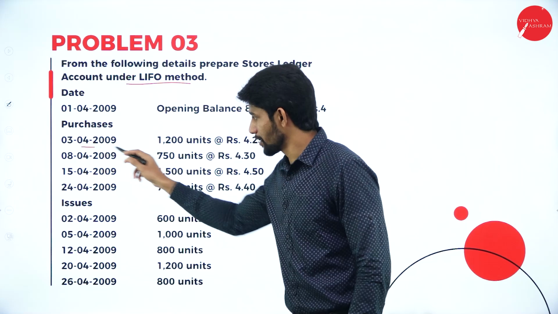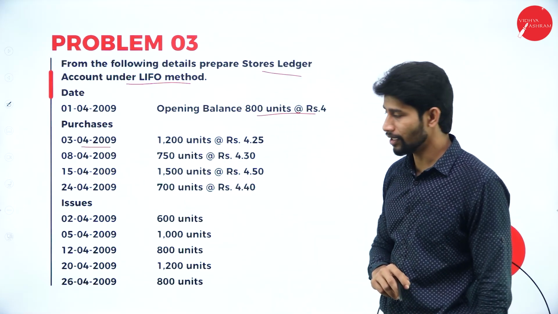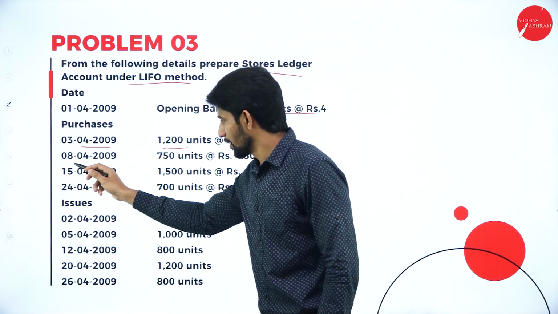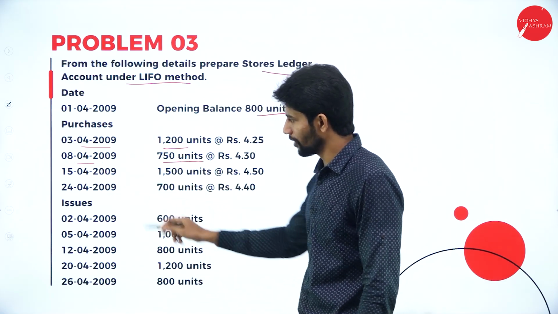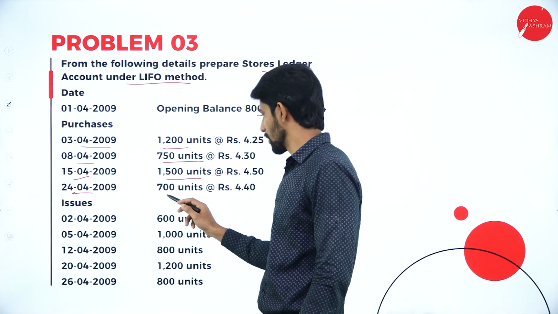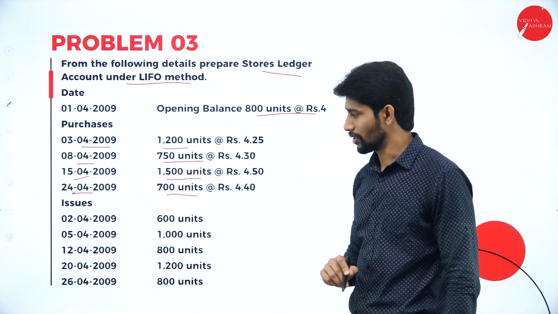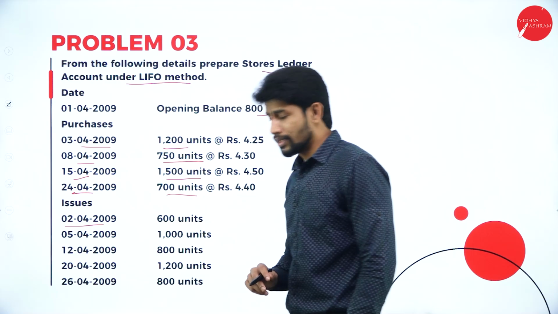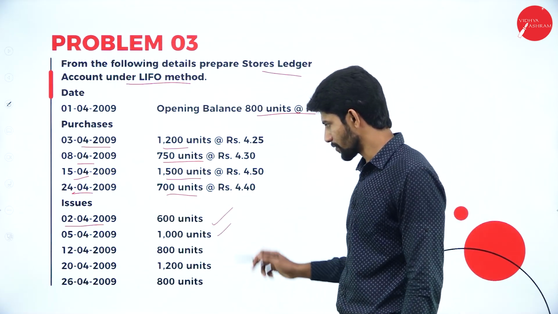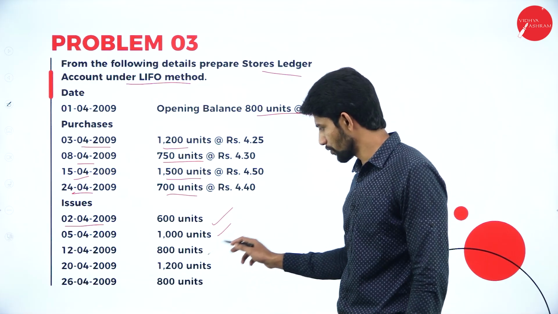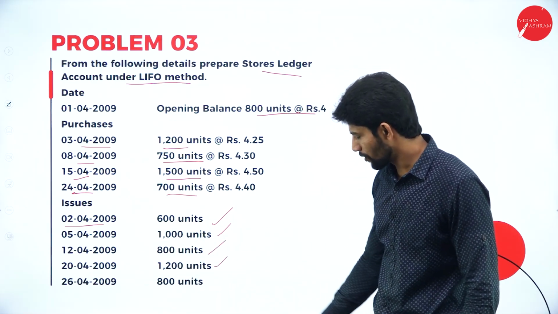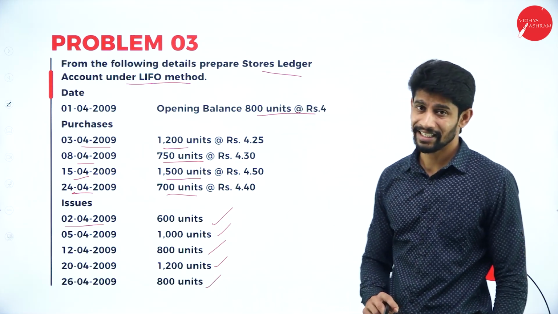Purchases: on 3rd April 1200 units, on 8th April 750, 15th April 1500 and 24th April 700 units. Issues: on 2nd April 600 units, on 5th April 1000 units, on 12th April 800 units, on 20th 1200 units, on 26th 800 units.